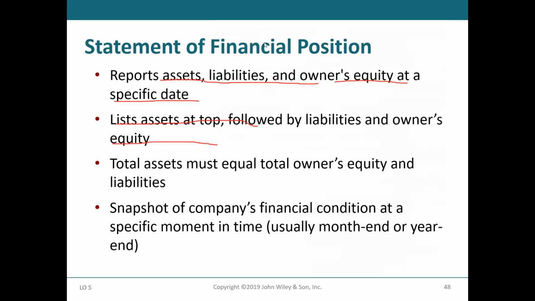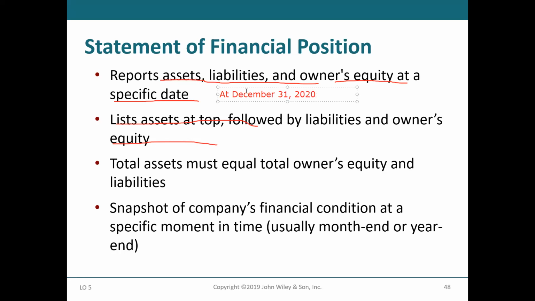Now, let's look at the statement of financial position. Remember that it has another name, the balance sheet, and it reports assets, liabilities, and owner's equity at a specific date. This is at a specific day, which means only one day. For example, if you want to see the balance of the assets, liabilities, and owner's equity at December 31, 2020.